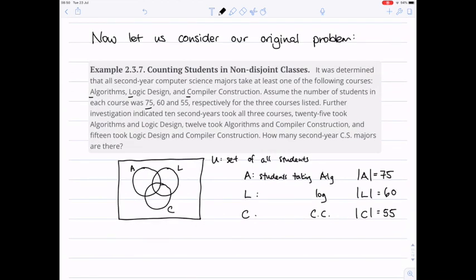And then if we do some more reading, we see that 10 of our second years took all 3 courses. So that tells us that the size of A intersection L intersection C, which is this little bit over here, is equal to 10.